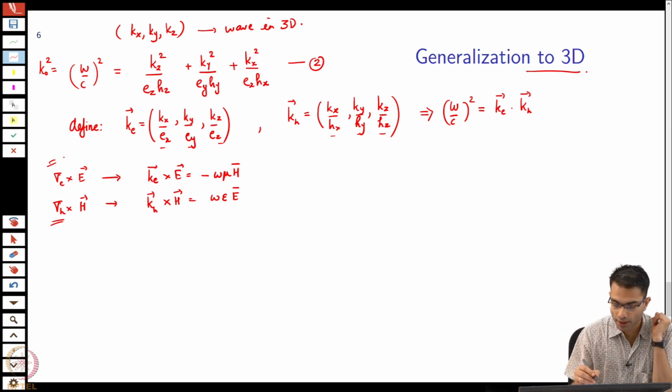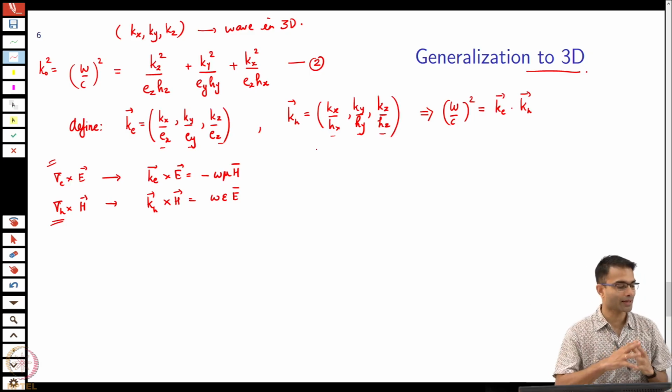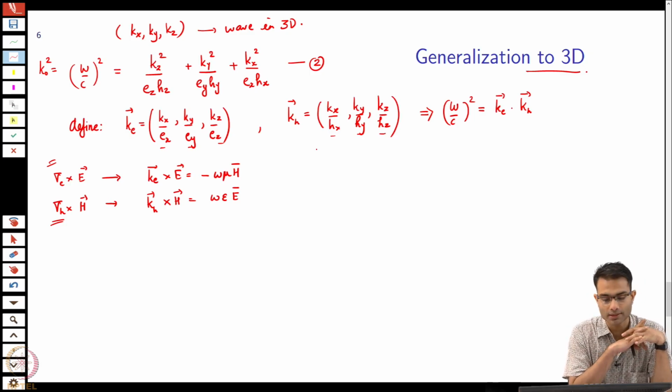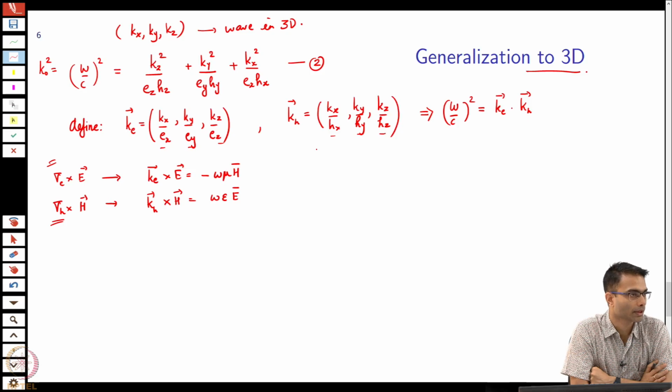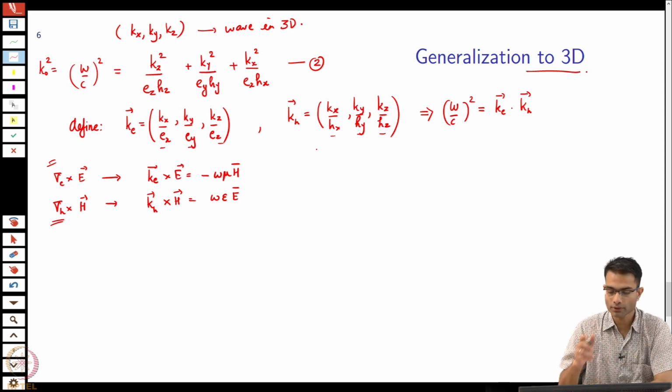Now, looking at equation 2, what form of Kx, Ky, Kz do you think is a solution to this? Let us spend some time interpreting equation 2. It is a 3-dimensional equation in the variables Kx, Ky, Kz, and Ex, Ey, Ez, all of these are just numbers that I choose. What does equation 2 remind you of? It is an equation of an ellipsoid.